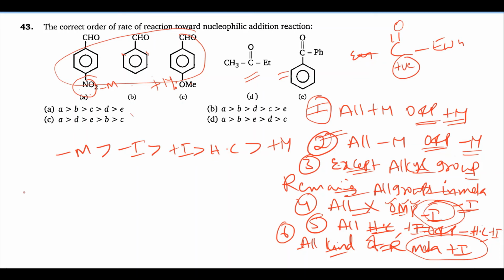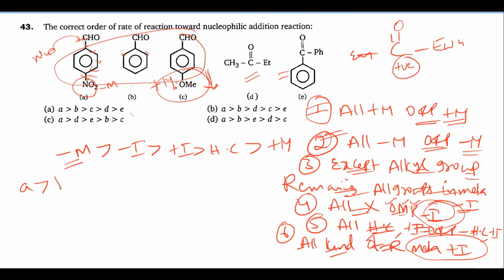A is more reactive. Why? Due to minus M. Here NO2 withdraws electrons, so a greater positive charge is there, and the nucleophile attacks easily. After that, this is an electron releasing group, which decreases nucleophilic addition, so B is next. Compared with ketones, aldehydes are more reactive, so C comes after that.